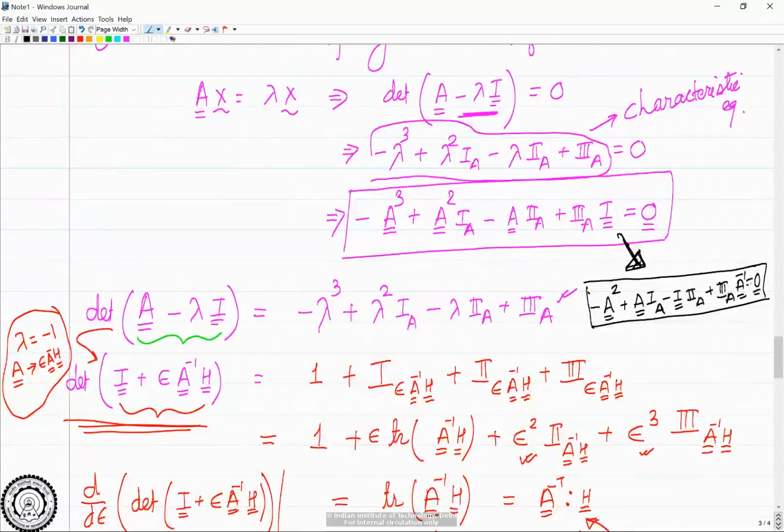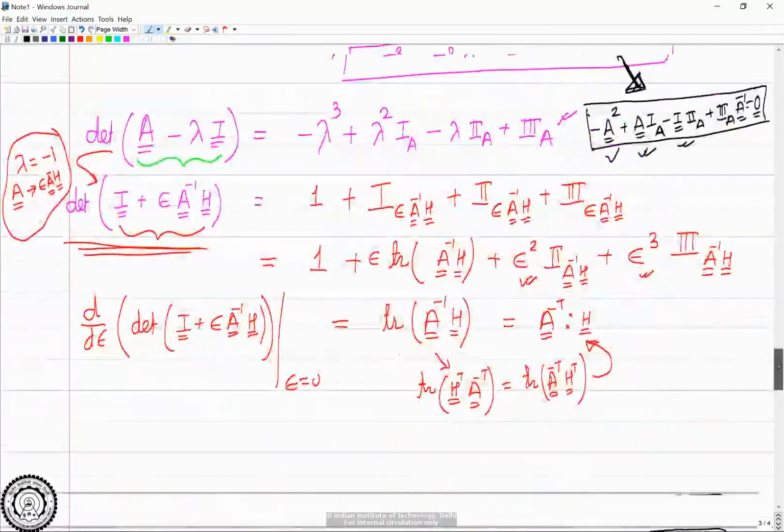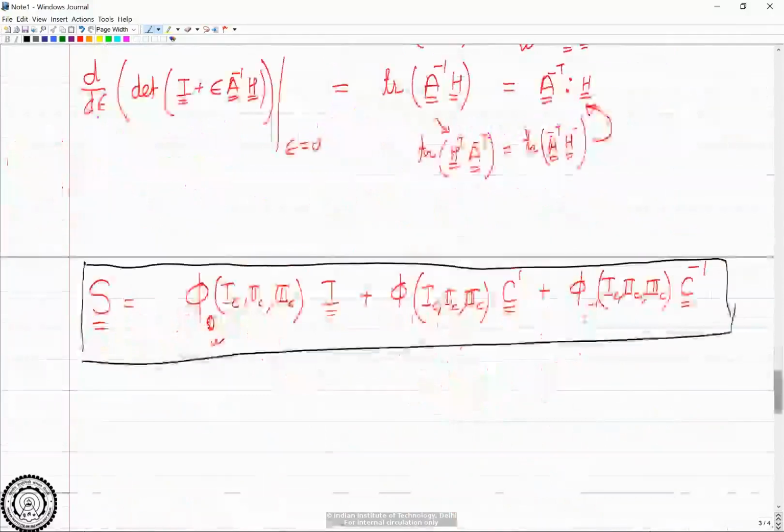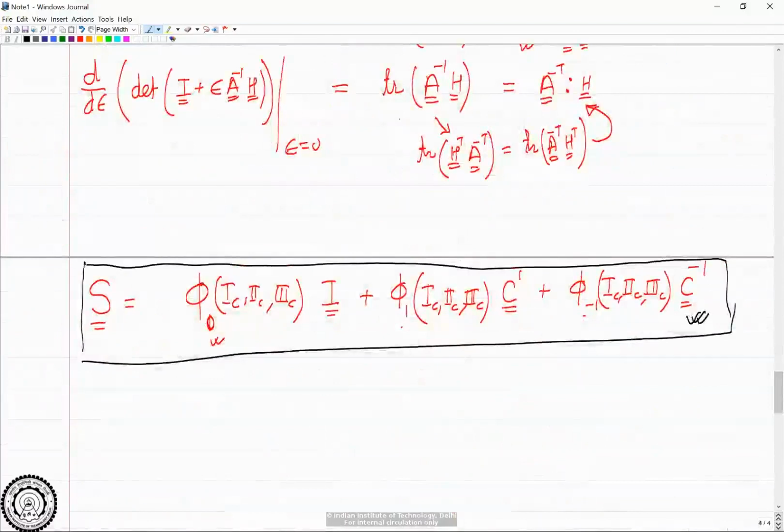So this allows us to write down A inverse in terms of A square, then A and identity, isn't it? So you can substitute that thing in this expression, in this thing here for C inverse.